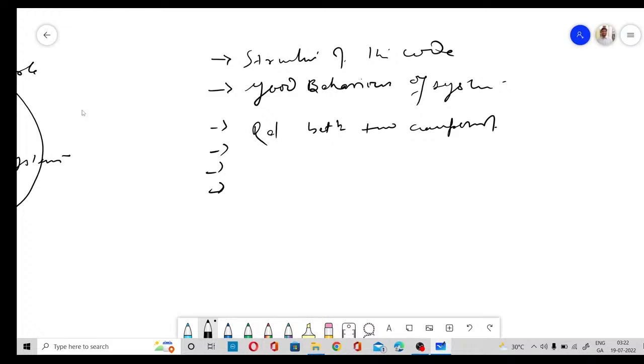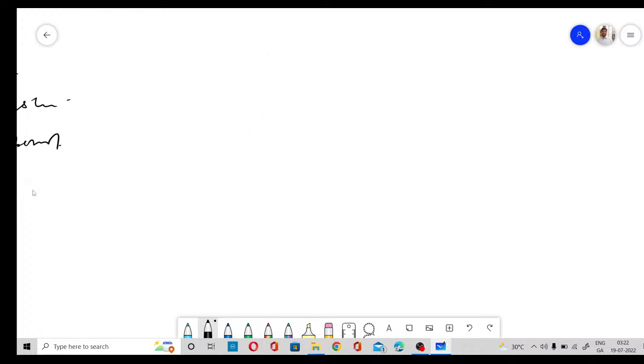So let's look at the architectural characteristics of an application.